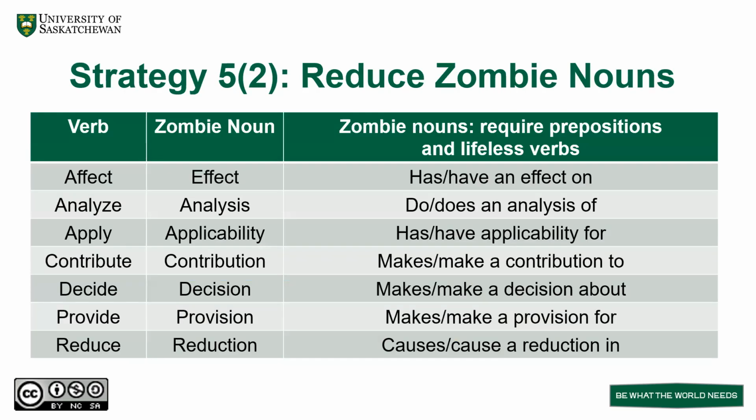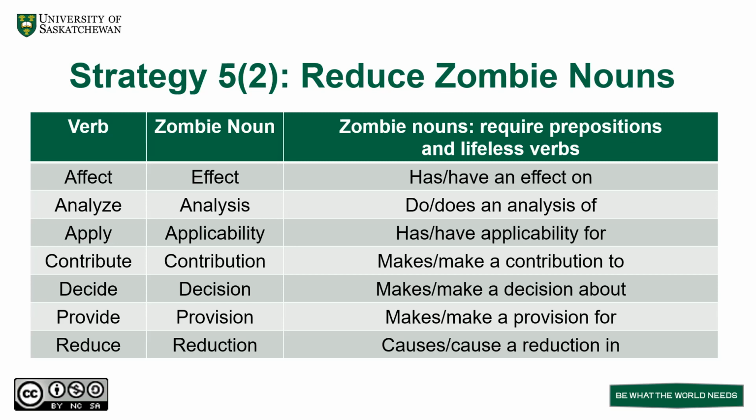So when we think of these zombie nouns and strategies for reducing them, it's a fairly simple change. So it's mainly about building your awareness so that you start to recognize, oh, is this an instance where a noun could be changed into a verb?